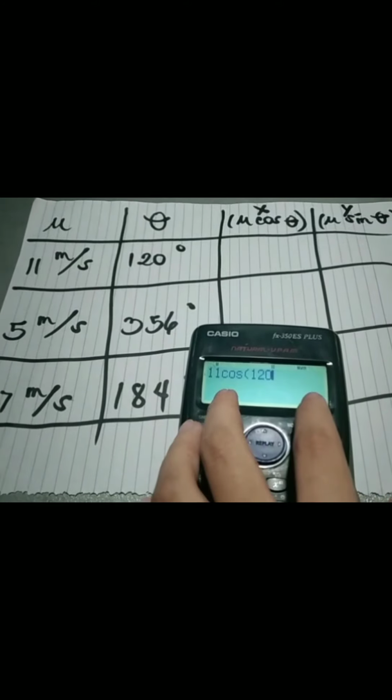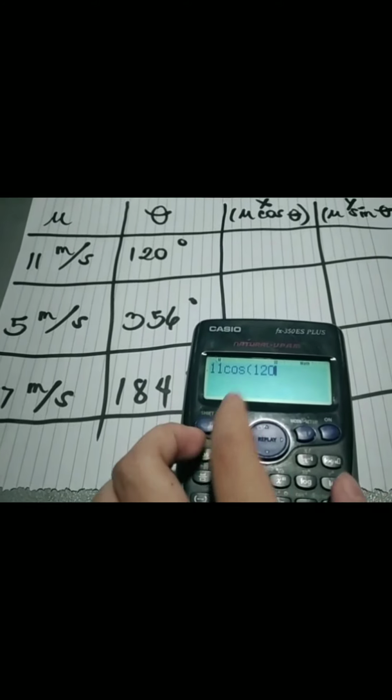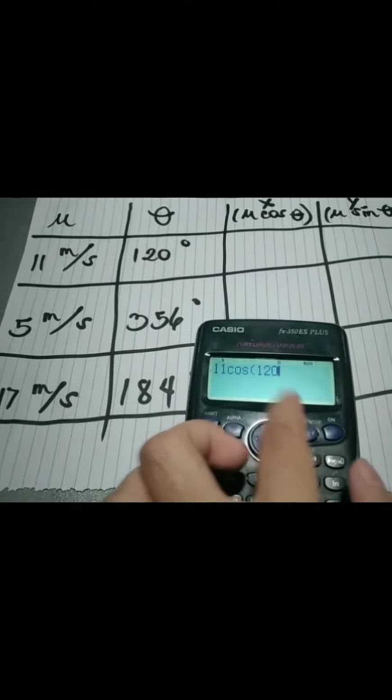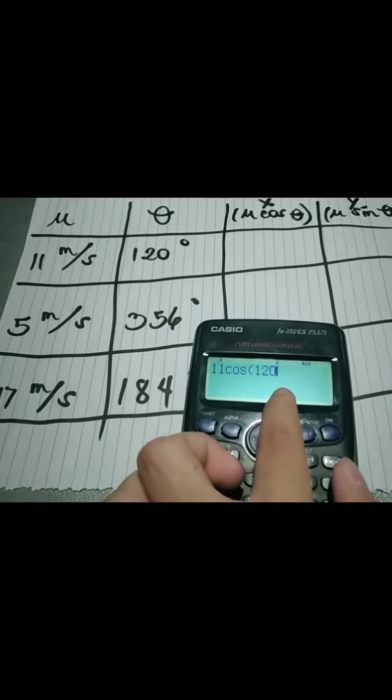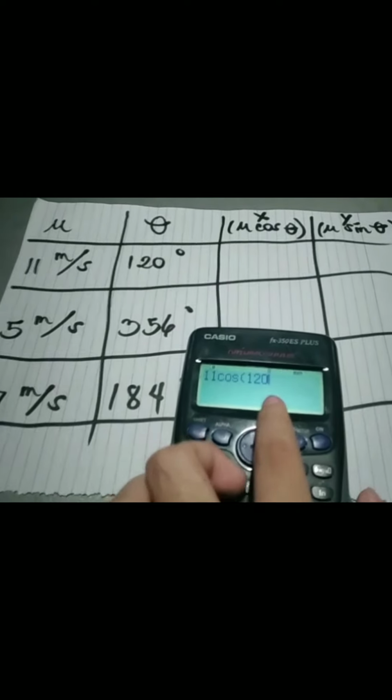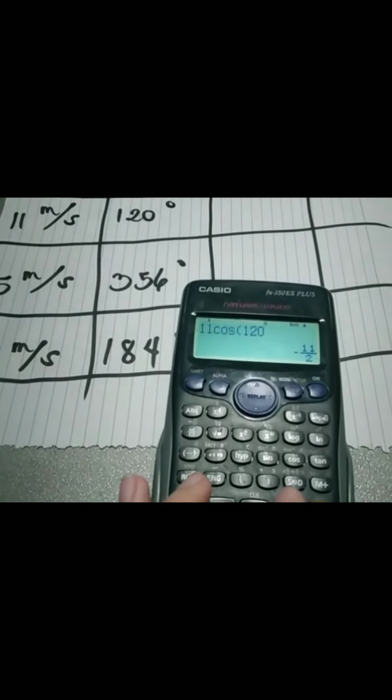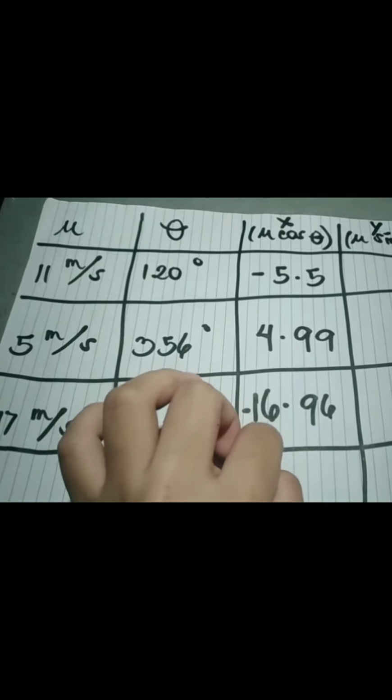So in getting the x of our first vector, we should use 11 cos 120, or magnitude cos the angle, equals negative 5.5. The process is just the same for our second and third vector.